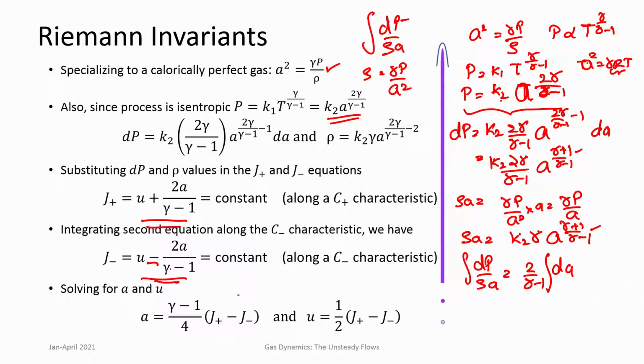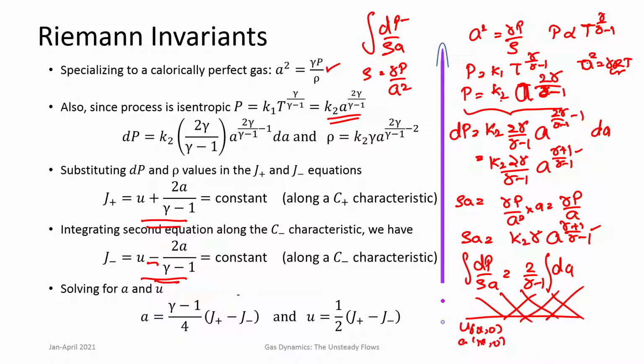So the way to solve these is, starting from an initial value problem, you draw the C plus and C minus characteristics. They go like this, and you know the initial solution u and a at x comma 0.